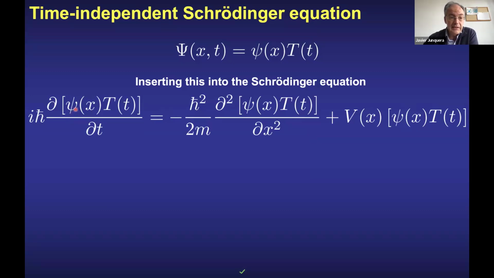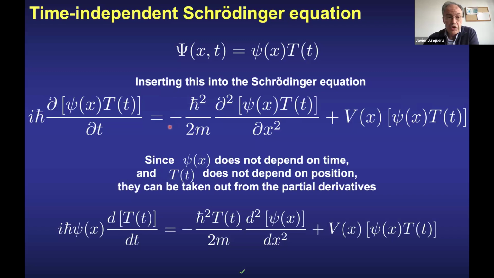Then, since this function psi does not depend on time, it can be considered a constant, so it will jump outside the partial derivative, and the same will happen with the capital T. This capital T will not depend on the position, so it will be considered a constant, so it can jump outside of the derivative.